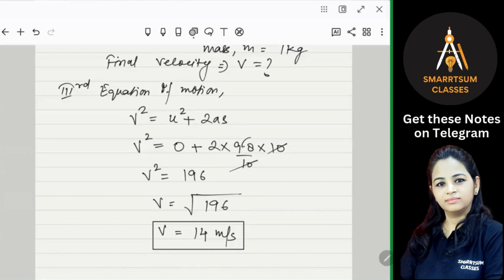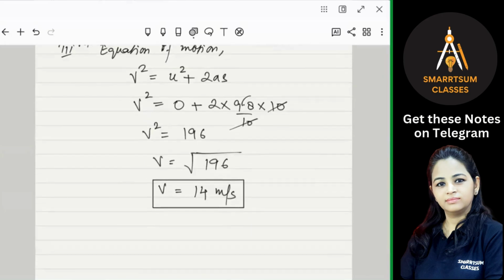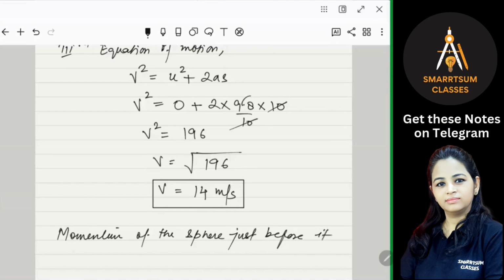Now we have to find the momentum of the sphere, which is just before it touches the ground. That will be transferred to the ground, yes or no? So write down momentum of the sphere just before it touches the ground is m into v, final velocity v, right?